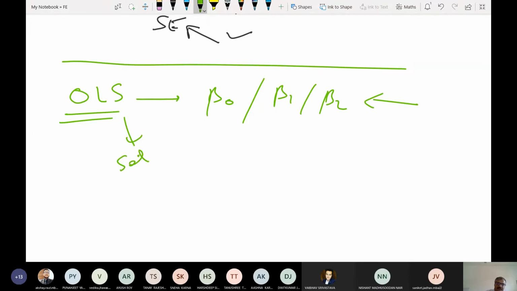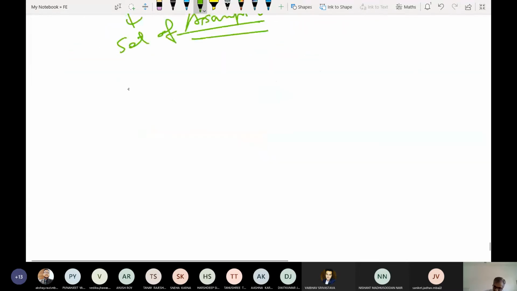It depends on a certain set of assumptions. So the set of assumptions is very important. And out of the set of assumptions, three things we mostly pay attention to, which are relatively more important and can create much trouble.